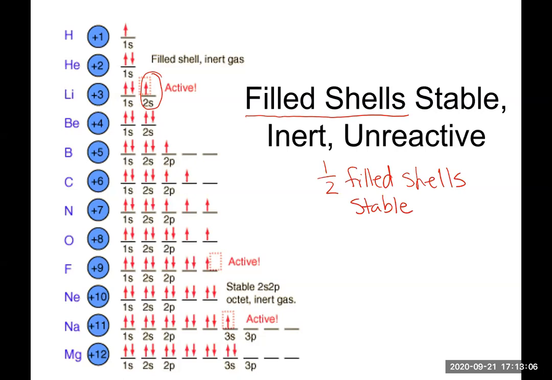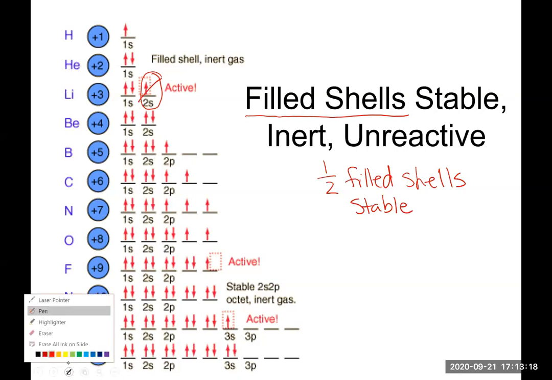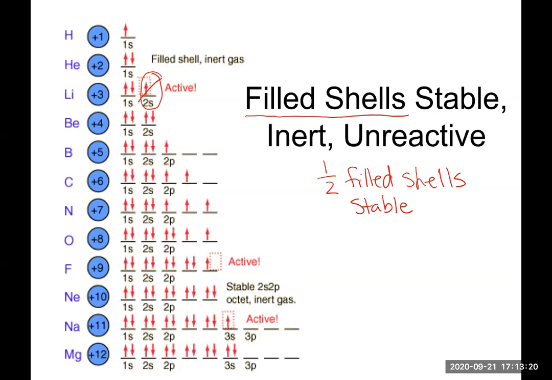Even though 2s is half filled, it's still going to be reactive, because if lithium gives up that electron, in other words, if lithium transfers it, it now has the electron configuration of the noble gas helium, which has 2 outer valence electrons. And so lithium is going to be very reactive with that 1 electron.